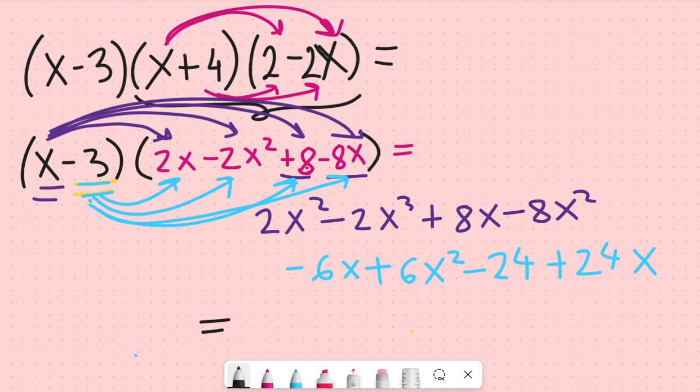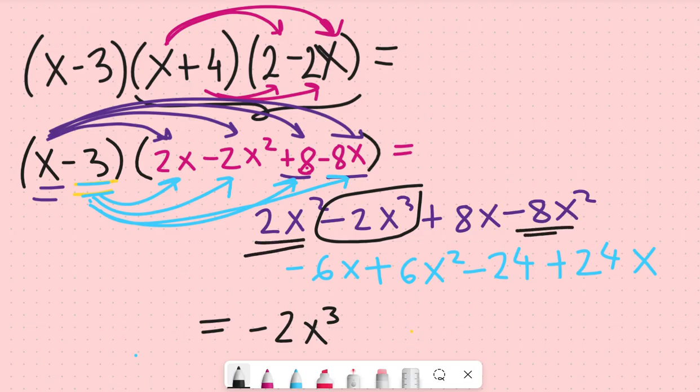All right, final step, combining like terms. Minus 2x cubed, no other x cubed, it remains the same. 2x squared minus 8x squared, but then plus 6x squared. So basically, 2 plus 6 is 8, but then minus 8 is 0.